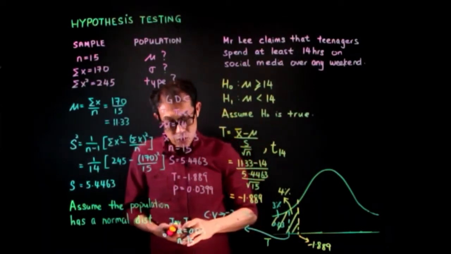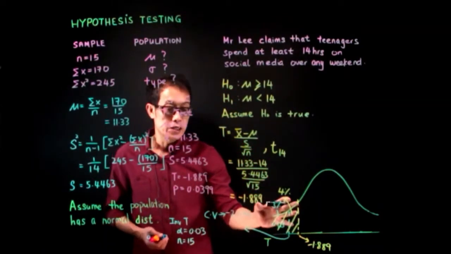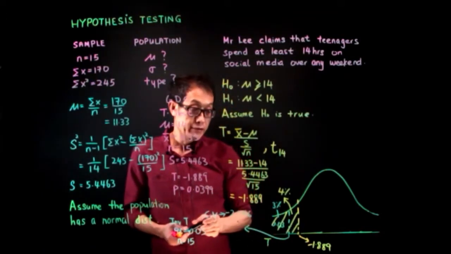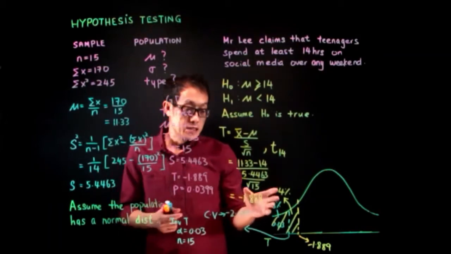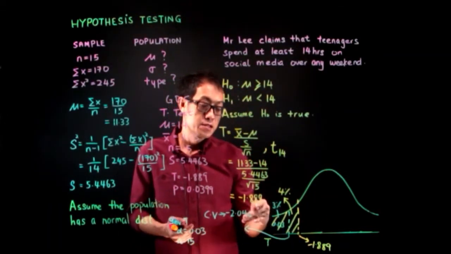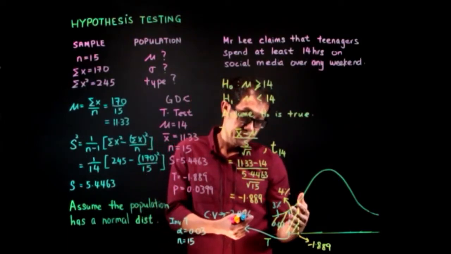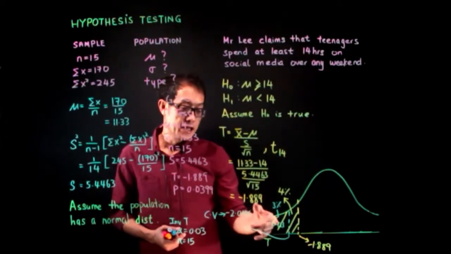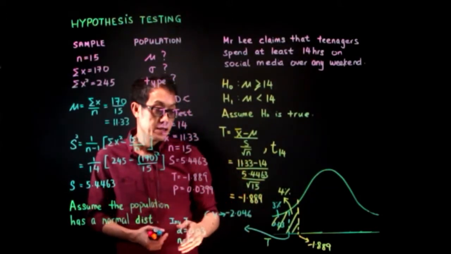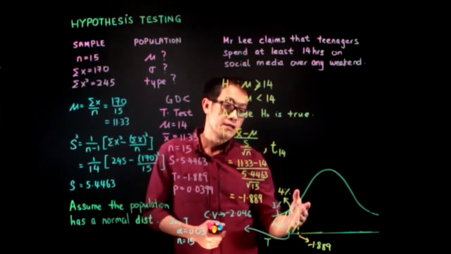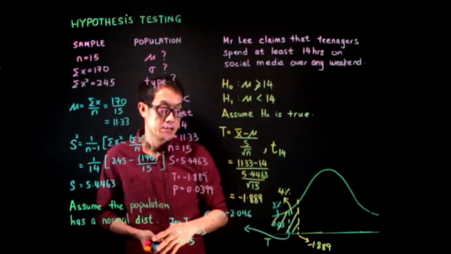Now let's analyze it using the p-value. If you want to analyze it using the p-value, we will compare it with the significance level. Since your p-value is greater than your significance level, we do not reject the null hypothesis.